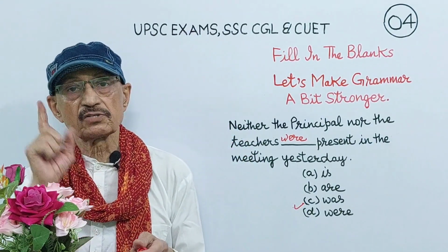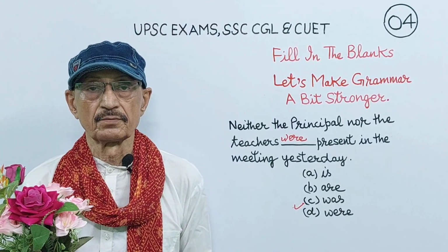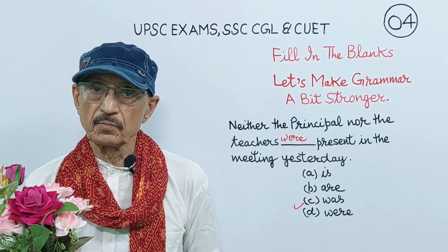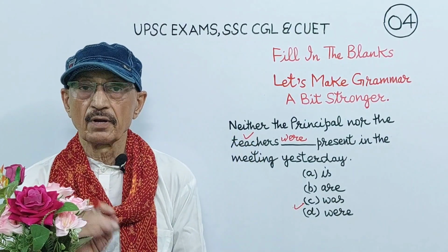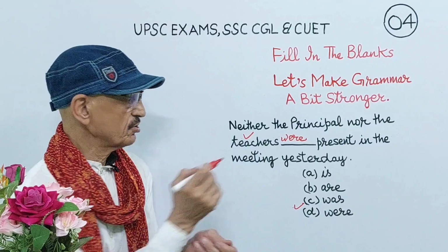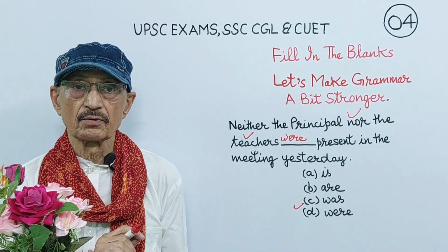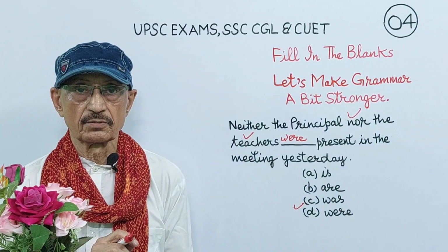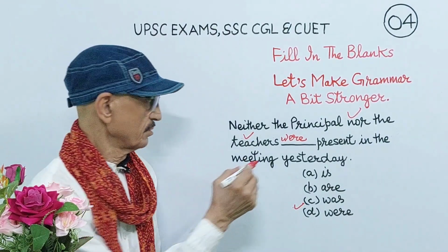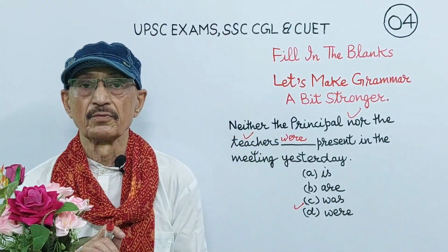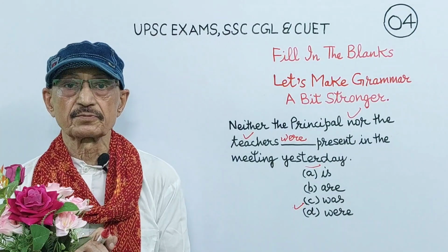Let me tell you the reason why we should take were here. Because the plural subject teachers has been joined by a conjunction nor. Moreover, the plural subject should be kept nearest this word. And yesterday is indicating past tense.